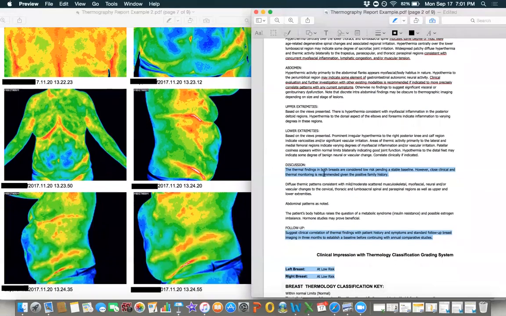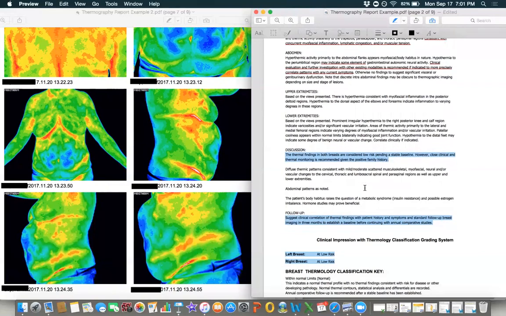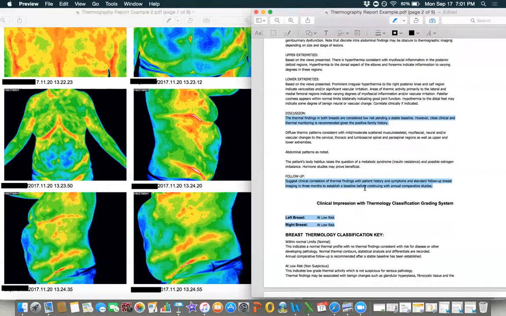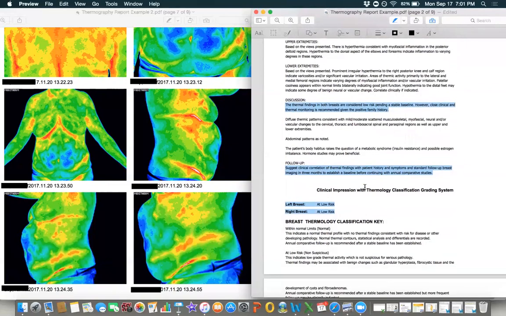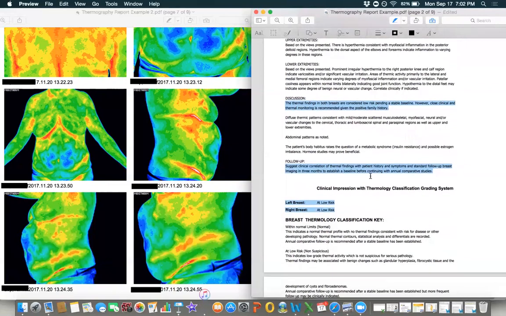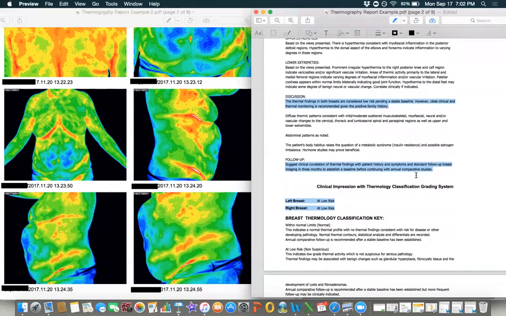And then on the report, there's always a discussion section which typically recaps some of the things that are important on the report, and then a follow-up. And all initial breast scans will say something like this, that follow-up breast imaging is recommended in 3 months to establish a baseline before continuing with annual comparative studies.